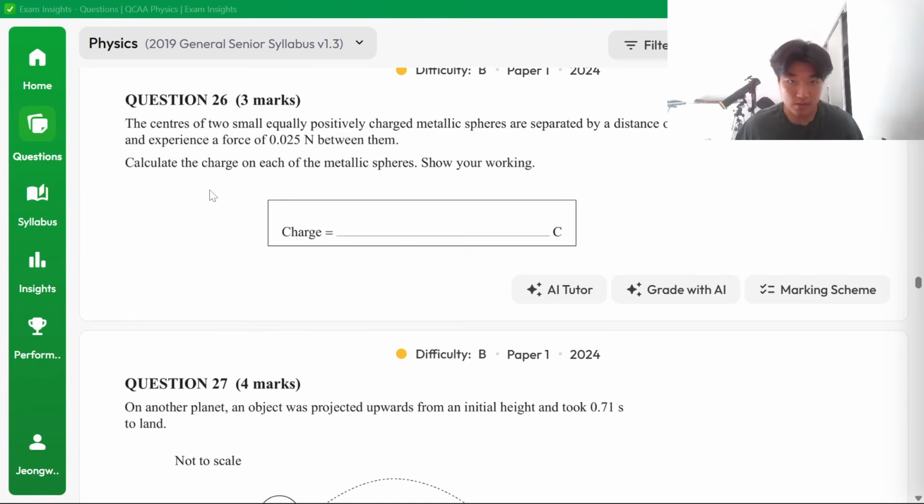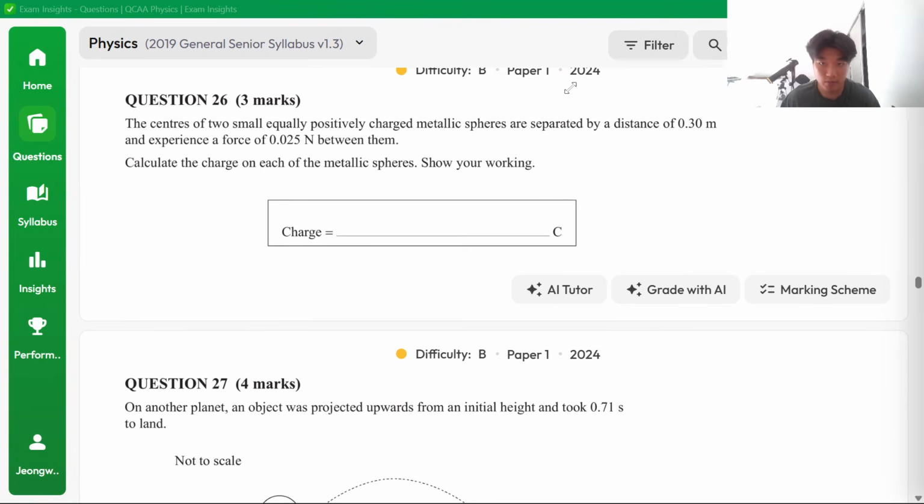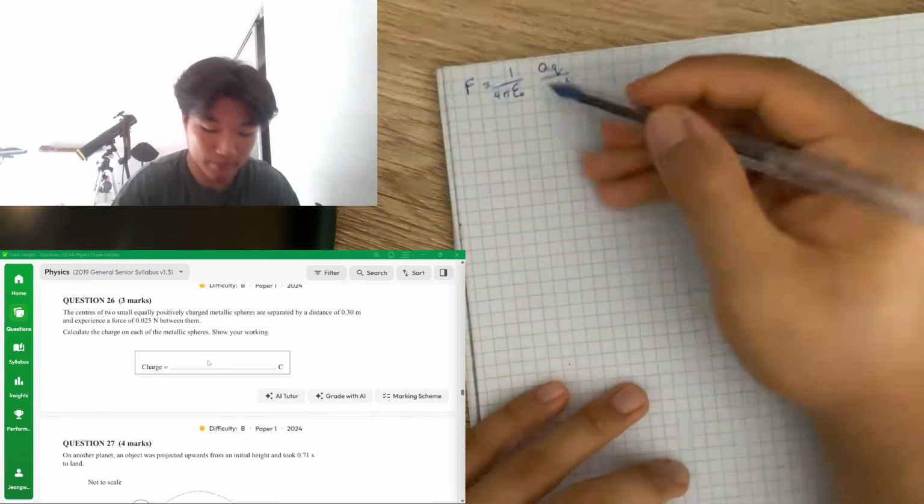Okay, let's look at the question again. We're dealing with electrostatic force. So we're going to be using this formula.